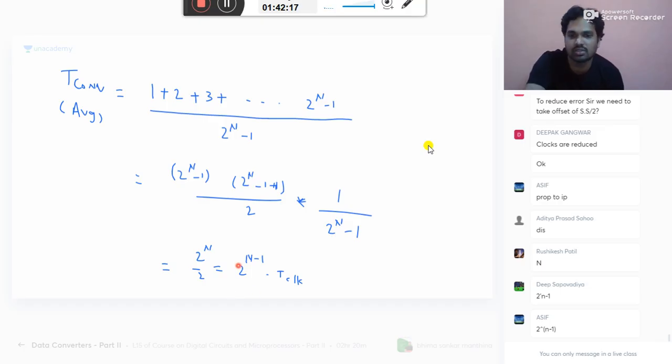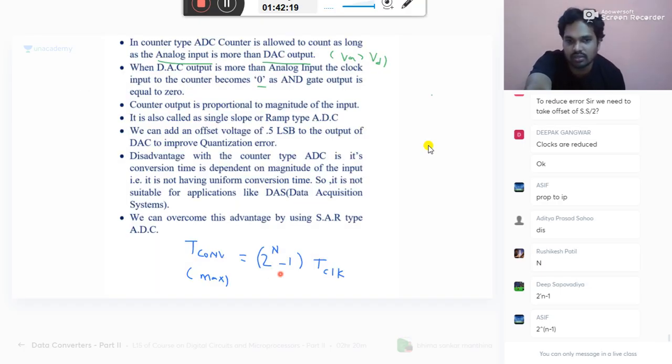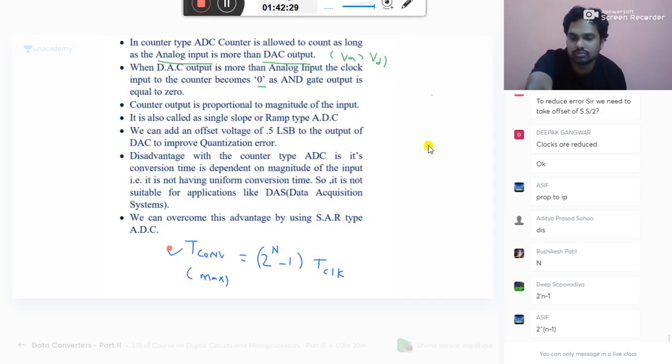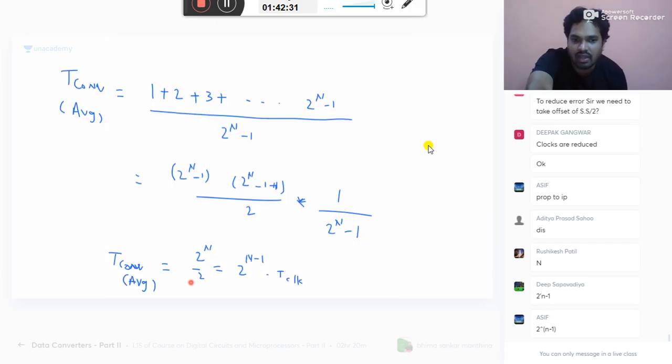Here the minus 1 is in the numerator, here it is outside. So this is the conversion time on average. If the exam asks for conversion time and nothing is specified, we should take the maximum. If he specifies average, we should take this. Unless he specifies average, we don't take this one. Understand this part? Yes or no? Please tell.